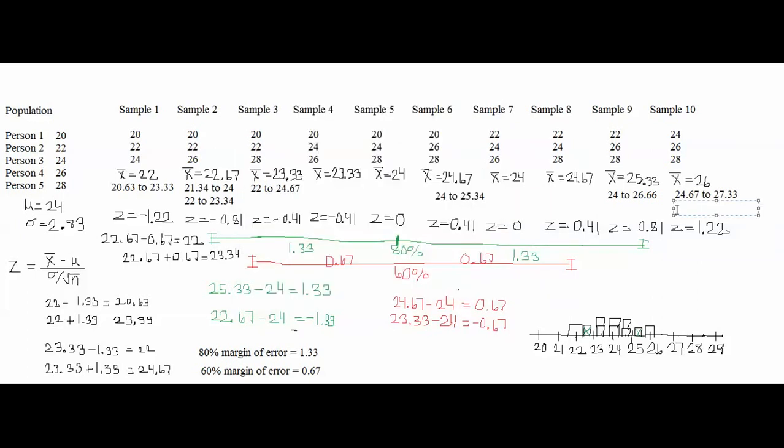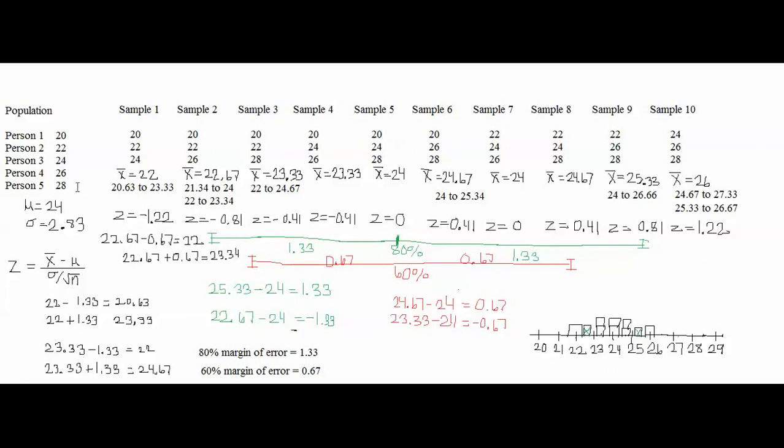This one would be, well, 26 minus 0.67 would be 25.33. 26 plus 0.67 would be 26.67. So we've created another 60% confidence interval. And since we did it with a sample above the middle 60%, it didn't include the population mean.